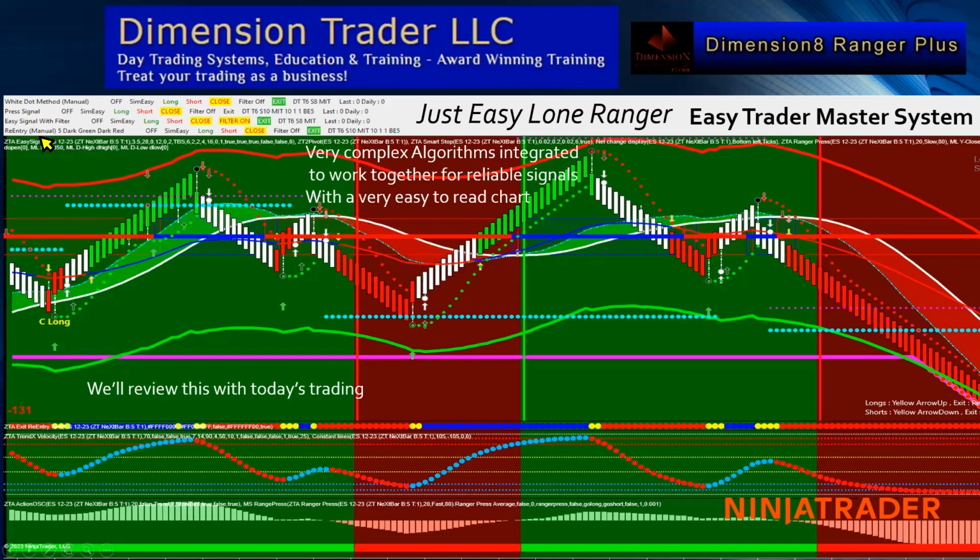I personally like the re-entry and the easy signal myself the best. The press signal works quite fine as well, but I personally like these two together, and that's more than enough to make the goal. Remember, if your goal is 10 ticks per day per contract, that's all you need.